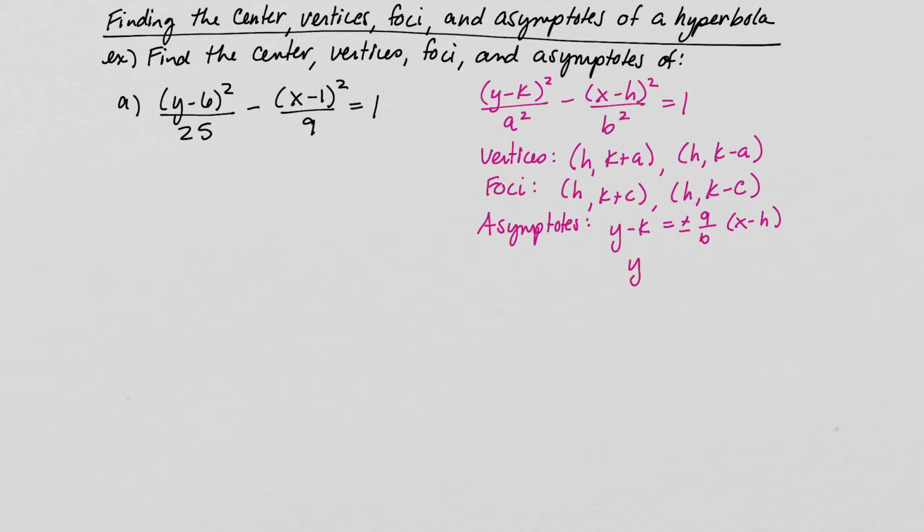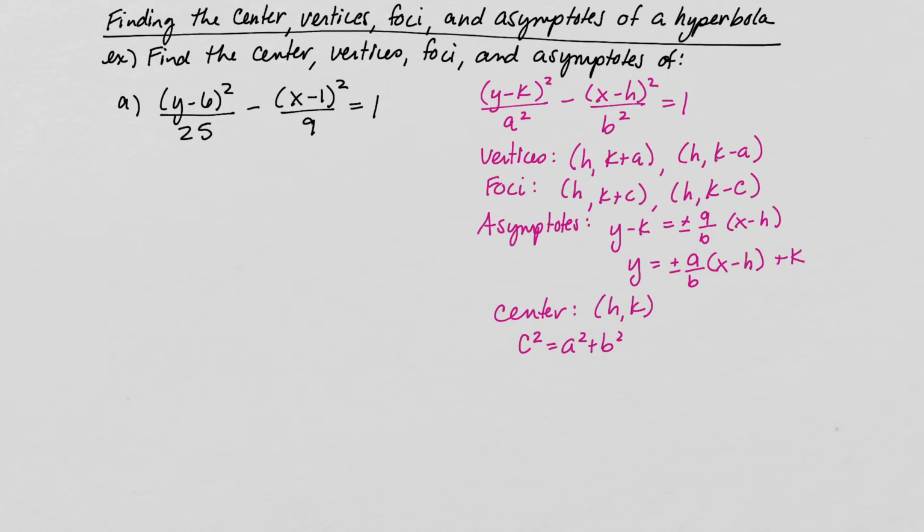Or most of the time we solve for y, so it's going to be plus or minus a over b times (x minus h) plus k. And the center is just like it's been in all these problems, (h, k), and also c squared is equal to a squared plus b squared.